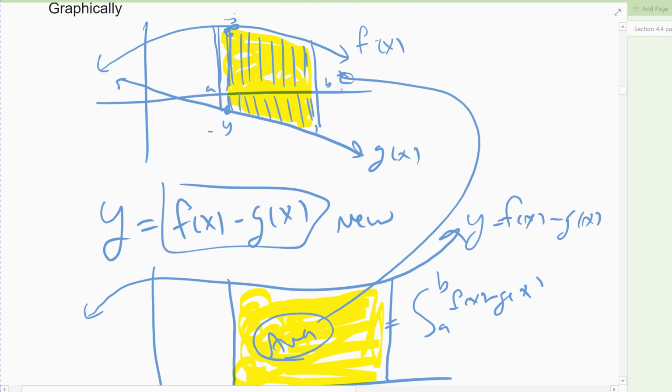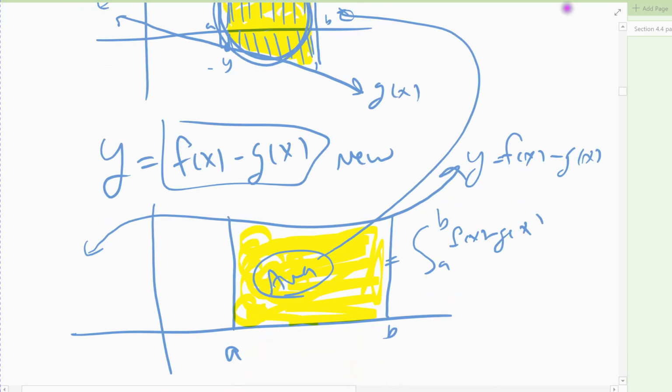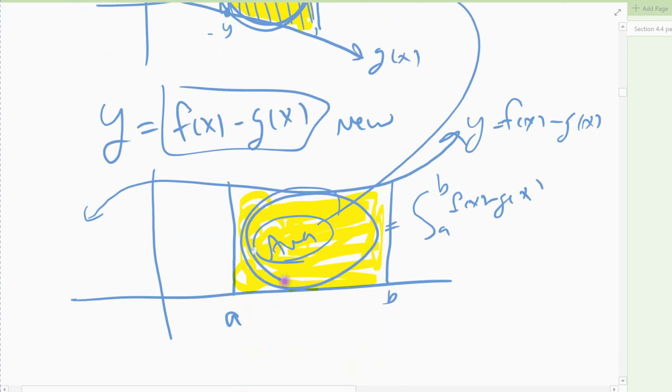I'm going to do that in an example: graph the area between the functions and then graph the area when I combine the functions. Even though the area's shape is different, the area size is the same. That's kind of an important thing that happens.